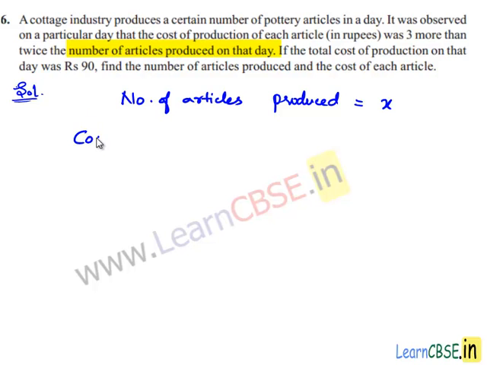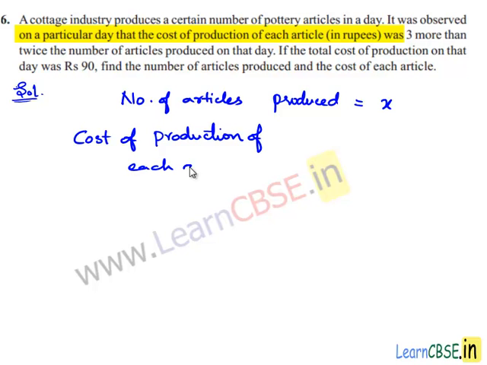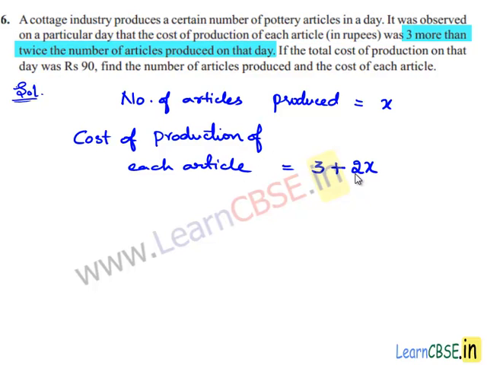So we can write cost of production of each article is equal to 3 more than, that means 3 plus twice the number of articles produced. Twice the number of articles produced is 2x. So cost of production of each article becomes 3 plus 2x.